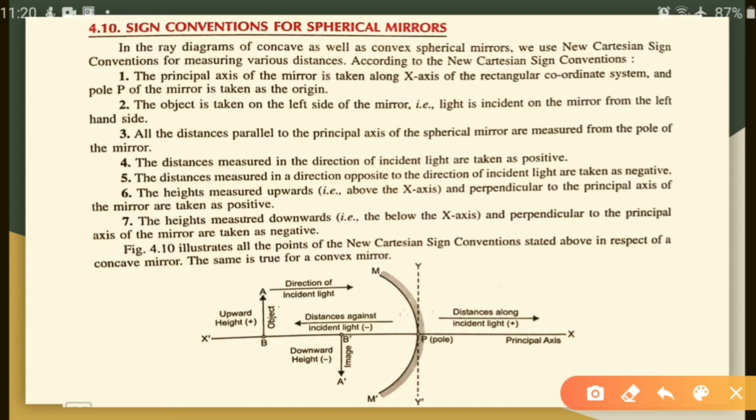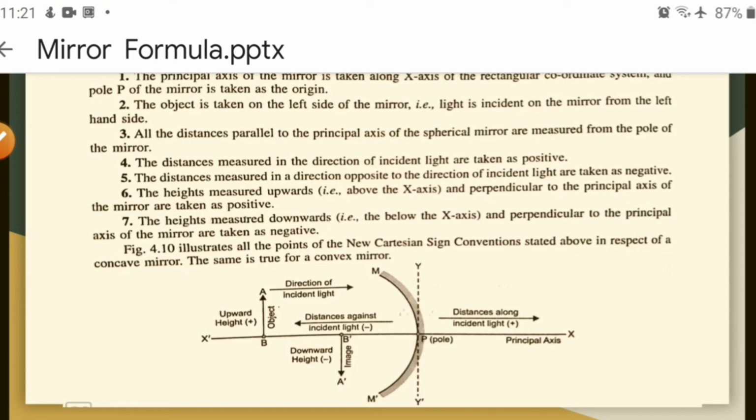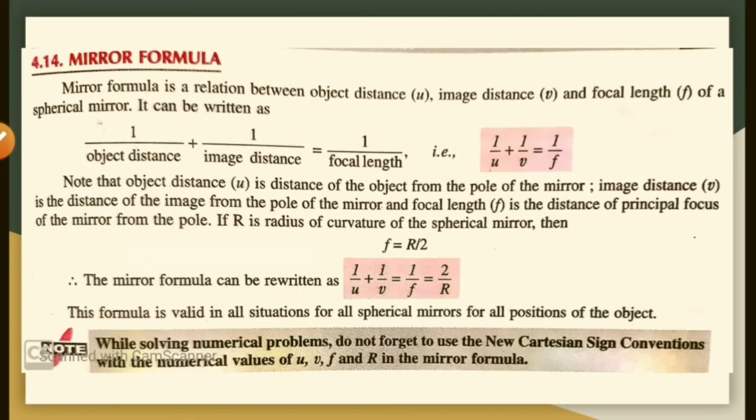That is why the u that is measured from P to B will always be negative for concave mirror and convex mirror both. But if the image is virtual and direct, meaning the image is behind the mirror, in that case you are measuring the distance of v from the pole in the direction of the incident ray. That is why small v will be positive.